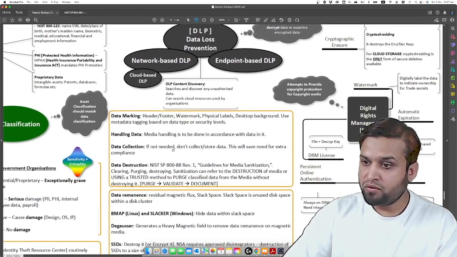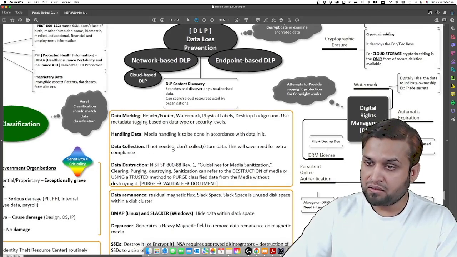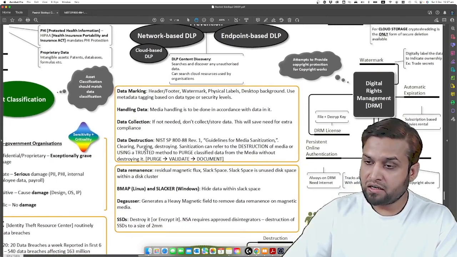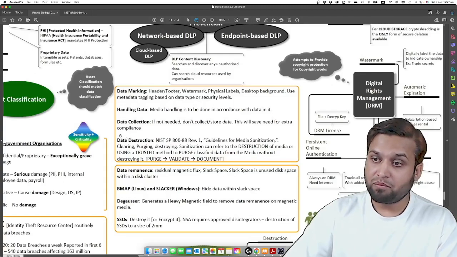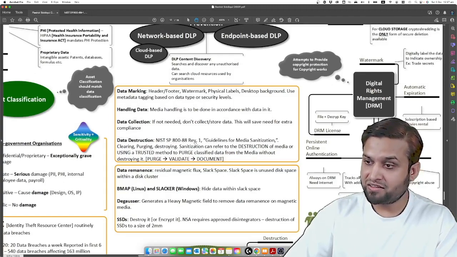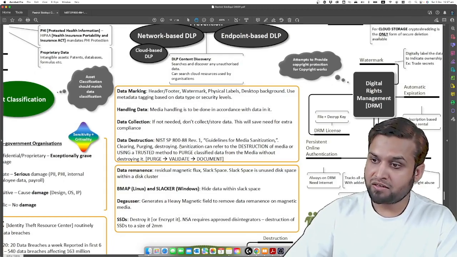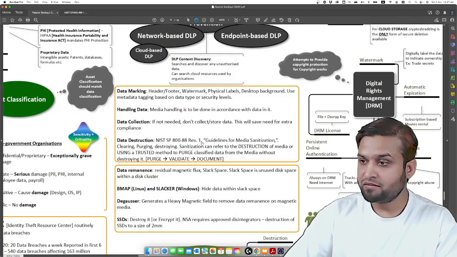Now, when it comes to data handling, there are different terms we should be aware of: data marking, handling data, data collection, and data destruction. Today I'm going to discuss data destruction techniques, and this is basically a review of NIST SP 888.